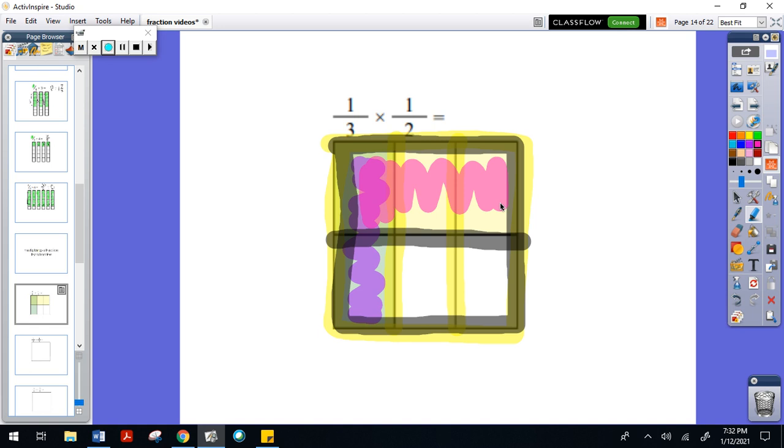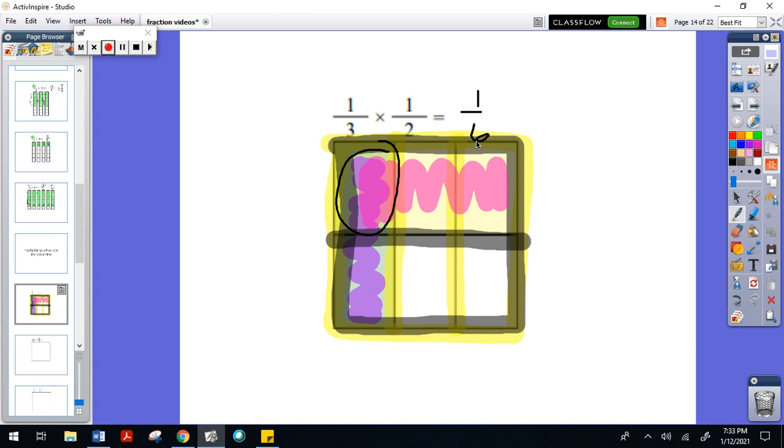Now, what we are looking at is the part that overlaps. There's one piece that overlaps. That's our numerator. Now, there are 6 individual pieces in this shape now. So that is our new denominator. 1/3 times 1/2 equals 1/6.